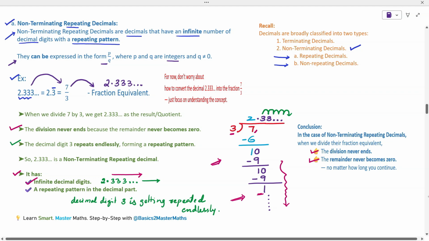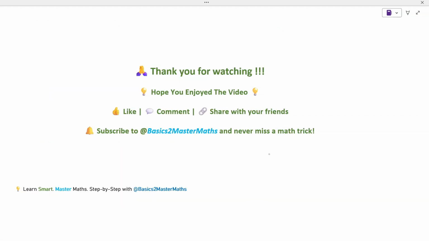Also, the decimal digit 3 is getting repeated endlessly, forming a repeating pattern. Got it? Hence, 2.333 is a non-terminating repeating decimal.